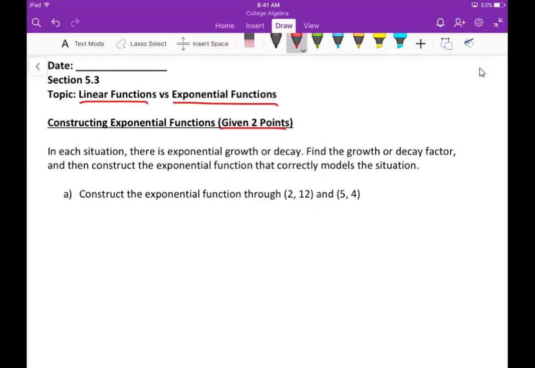So what we want to look at today is to come up with an exponential function given any 2 points. You'll notice here we don't have that C value, because the C value is the y-intercept, just like the B value in linear functions, and we don't have that point where x is 0 and we would have the C for an exponential function. So we need to learn how to do this.